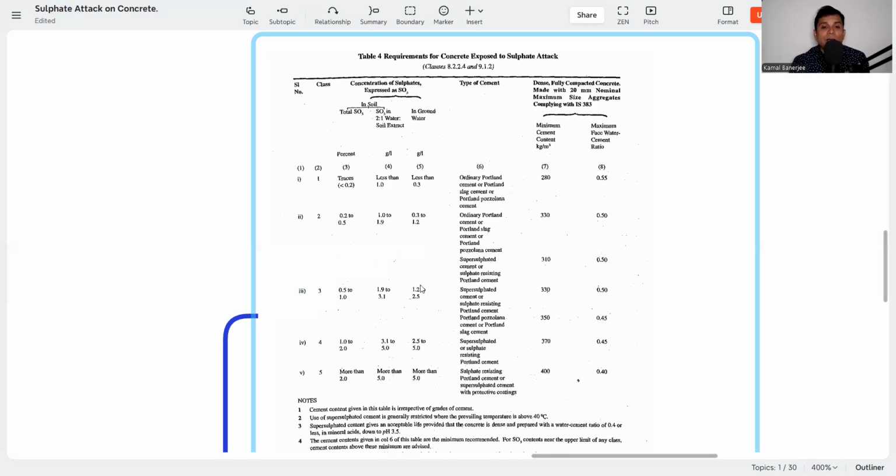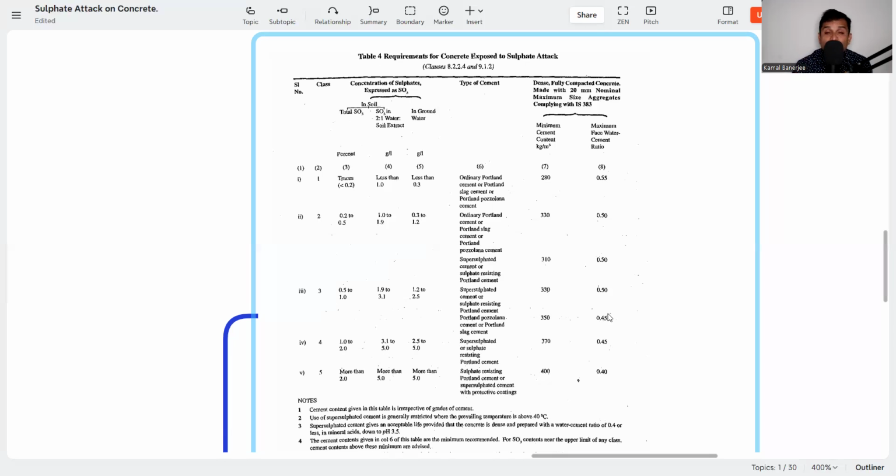Now if I have a condition where the soil SO3 is 0.5 to 1, what is happening here? Supersulfated cement, sulfate resisting Portland cement or Portland pozzolana cement will be used, and the minimum cement content is 350 and the maximum water cement ratio is 0.45.